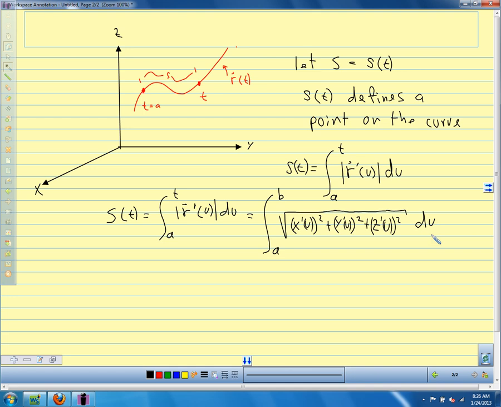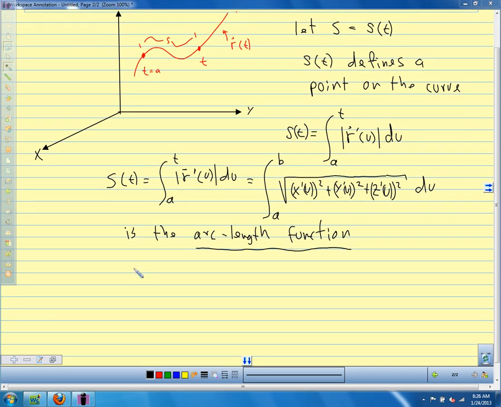This is our arc length function, and we say s is the arc length parameter.